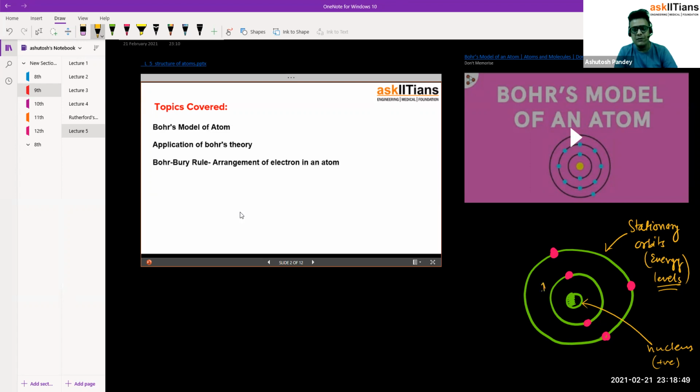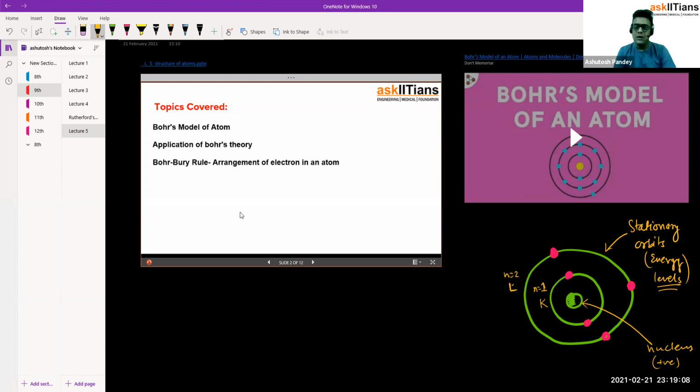Either we can say n is equal to 1, or K shell. Then next is n is equal to 2, which will be called L. Like this M and then N and so on.